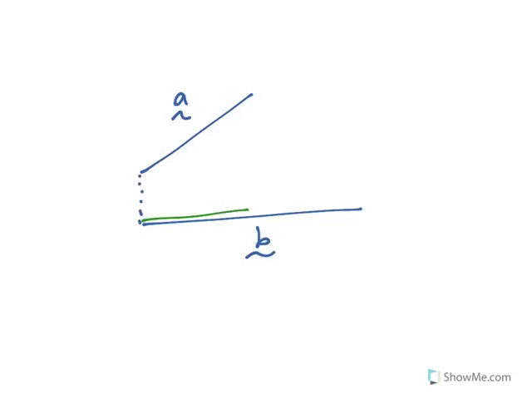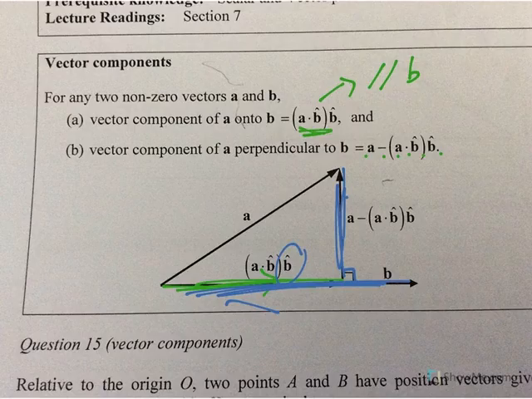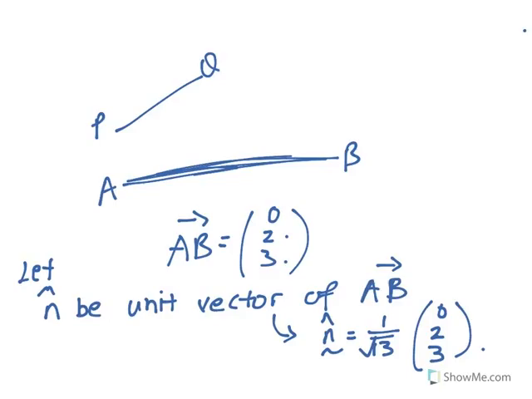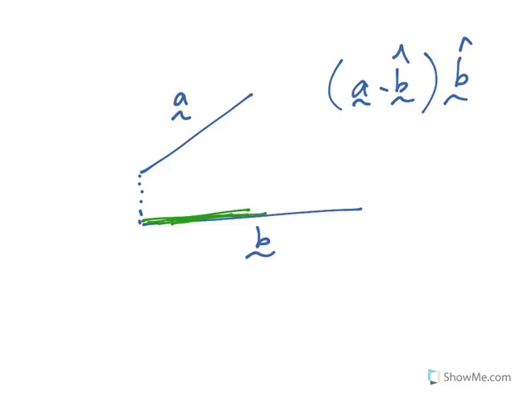Based on the formula, this is A and this is B. Assuming these two are the same, we want to find the parallel component of A onto B. This formula is none other than A dot B hat, multiplied to B hat. So this is the parallel component.